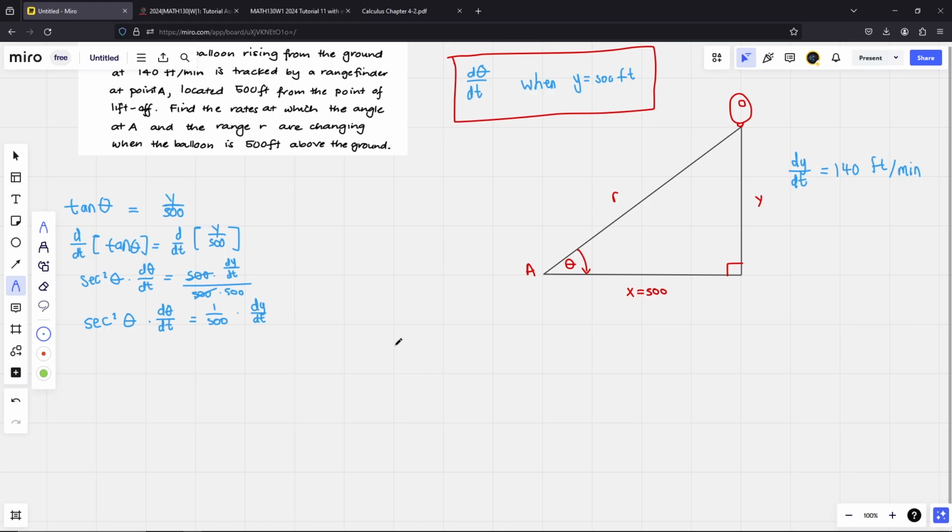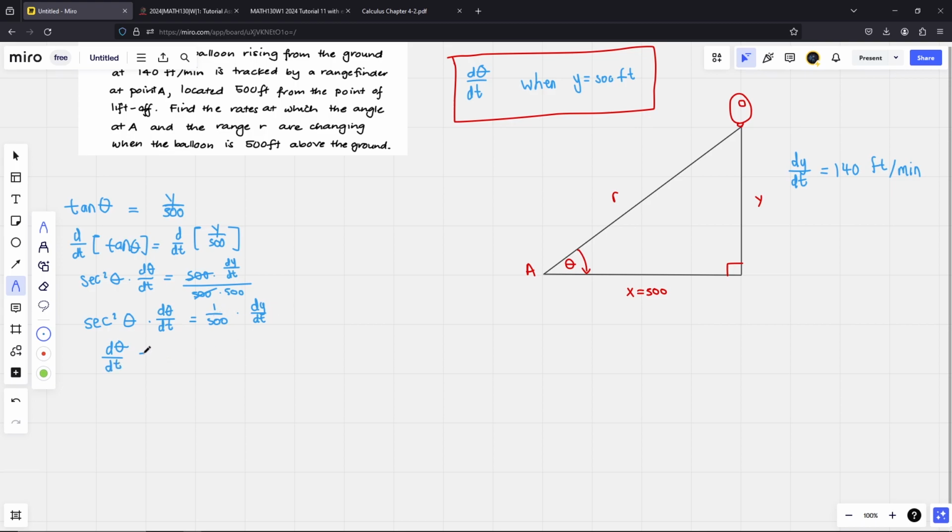So in the next step, I'm gonna sub in dy by dt, and I'm gonna divide both sides by secant squared to get my d theta dt alone on the left hand side. So let's do that. My d theta dt is gonna be alone on this side.